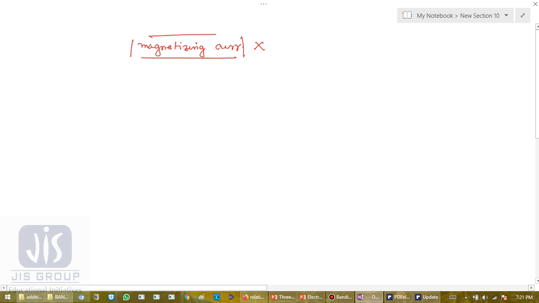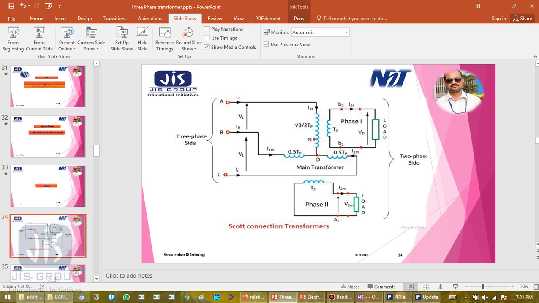Okay, so from MMF balance of the teaser transformer, if we see in the figure, this is the teaser transformer. So MMF balance I want to apply.